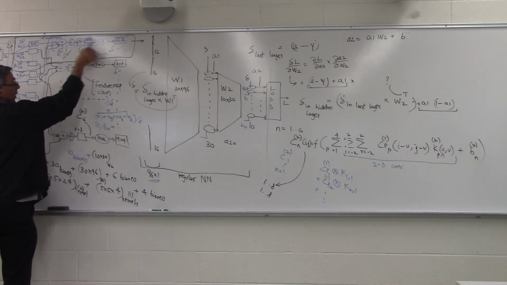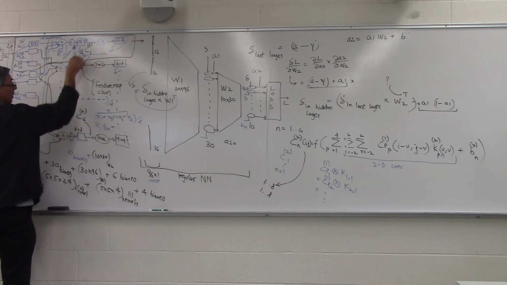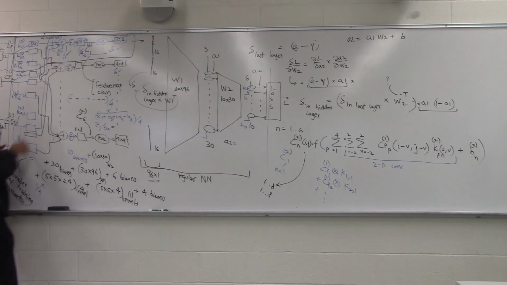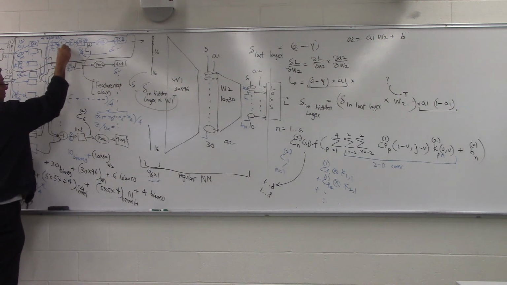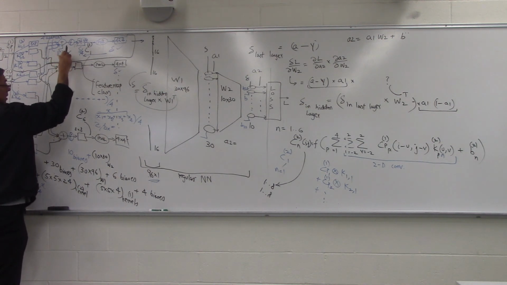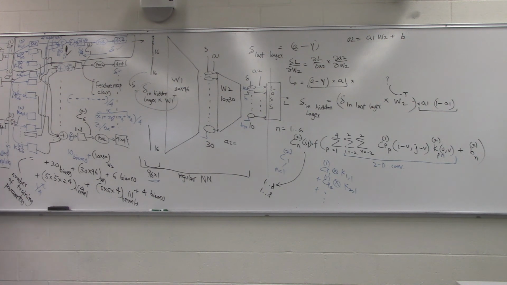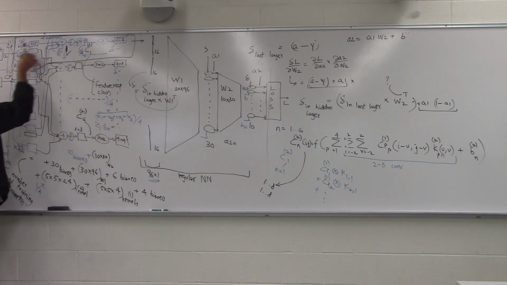Here we simply multiplied each one by 1/4. Here we multiplied by the derivative of the activation function. So these deltas up to here are perfect.